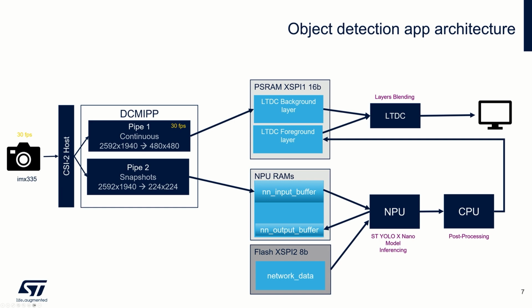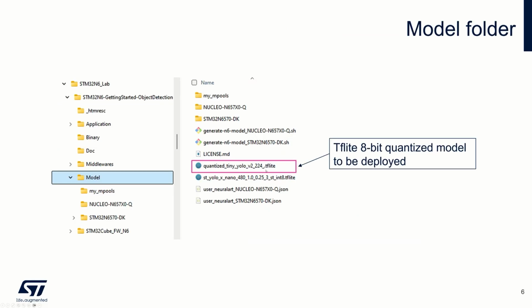The first pipe, 480 by 480, is continuous to show a live video stream on the Discovery board display, and the second pipe provides input images, provides snapshots. The resolution is 224 by 224 because we are using such a model. Here you can find the 224 indication in the model.